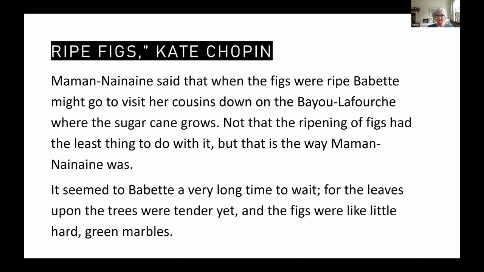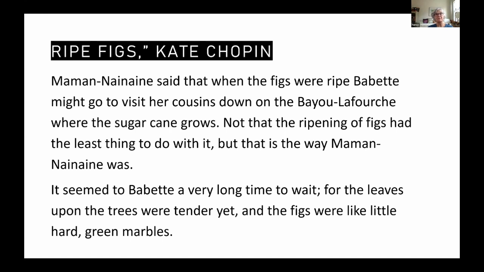Yes, it's either Babette or the narrator. There is some attention to Maman Nanane because the narrator is indicating what she has said, but the ripening of figs is the way that her explanation is who Maman Nanane is, and that is from Babette's perception. And then we see that more specifically in the next paragraph.